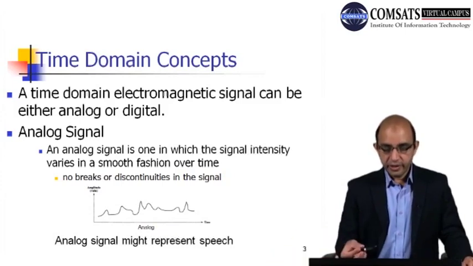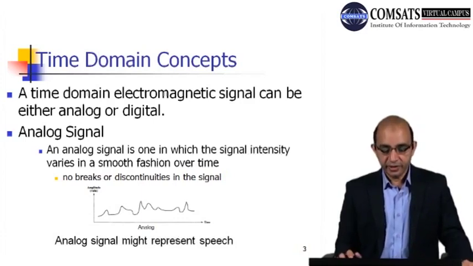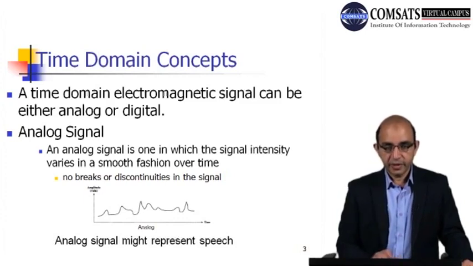You can see the example: on the x-axis we have the time, and on the y-axis we have the amplitude represented in volts. Over a certain period of time the signal is varying continuously, and there are no discontinuities.